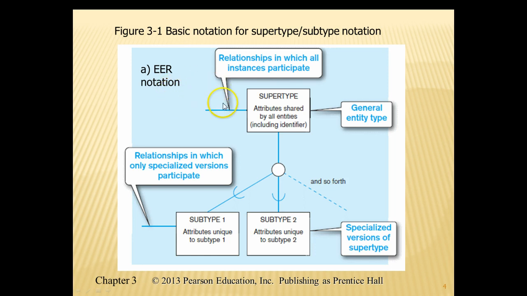And we'll see more detail on this, but a relationship with the supertype is also a relationship to everything below. Whereas a relationship with the subtype is a relationship only with that subtype, and again we'll see some more detail on that in just a sec.